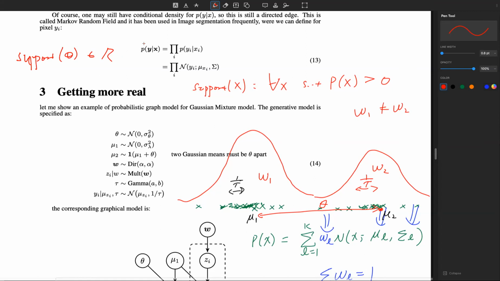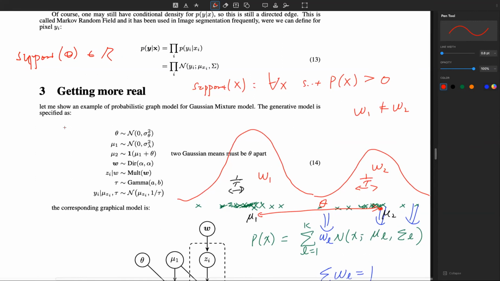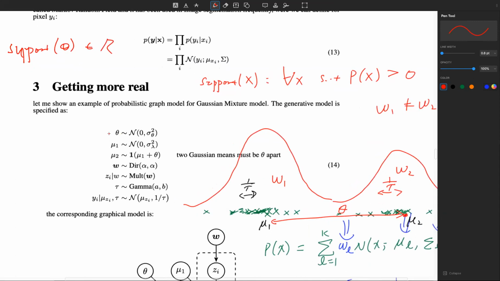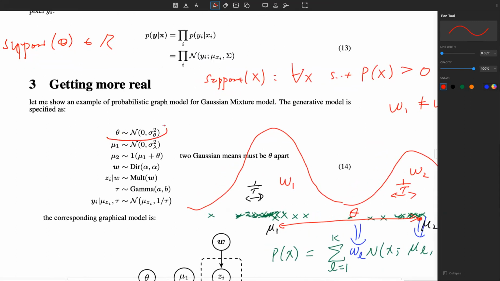If a random variable has probability greater than 0 across your whole number line, what is the first thing that comes to your mind? So here you go. That's why we have chosen it to be that.